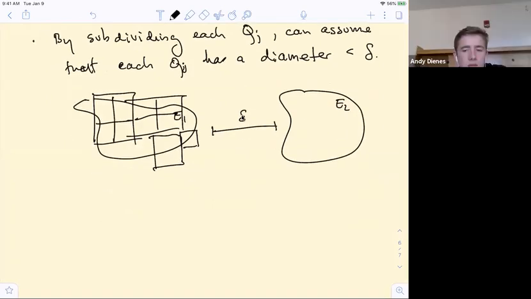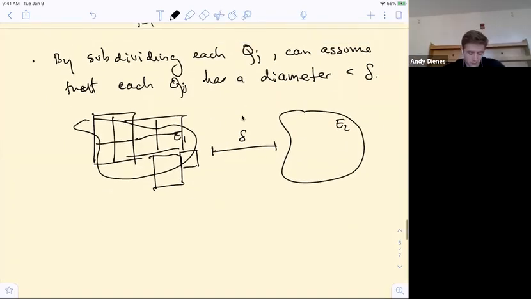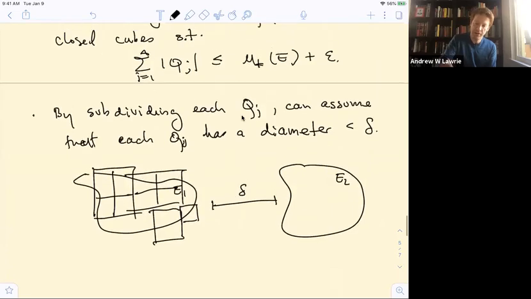Each cube in this collection of Q_j's can only intersect either E1 or E2, but can't intersect them both, because if a cube intersects E1 and its diameter is less than delta, then it can't reach E2, and vice versa.